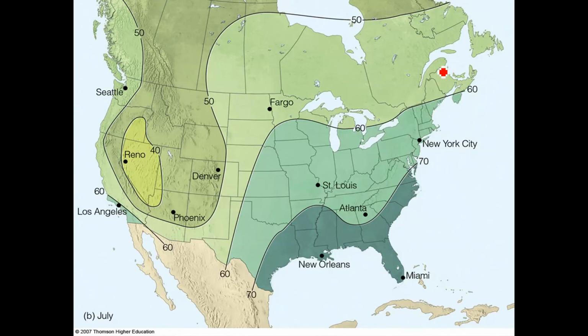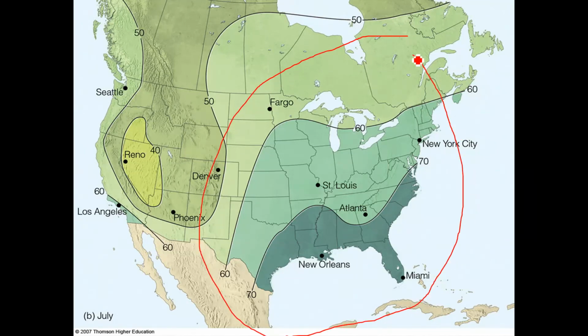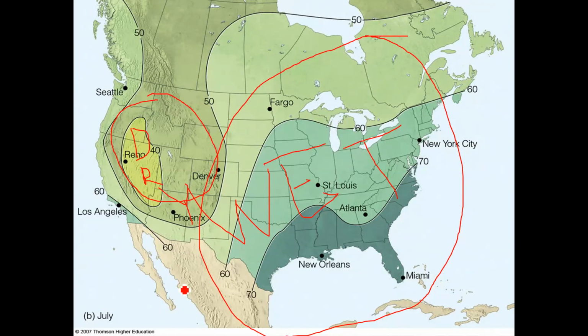If you take a look over here, pretty much the entire eastern seaboard is very wet. Meanwhile, over here, the desert southwest is much drier. Sorry about that. It's much drier over here, much wetter over here.